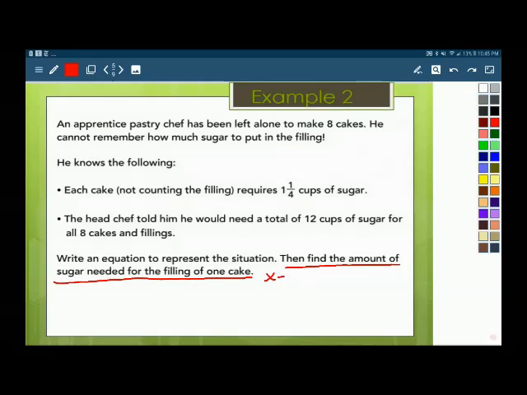The amount of sugar needed for the filling of 1 cake.